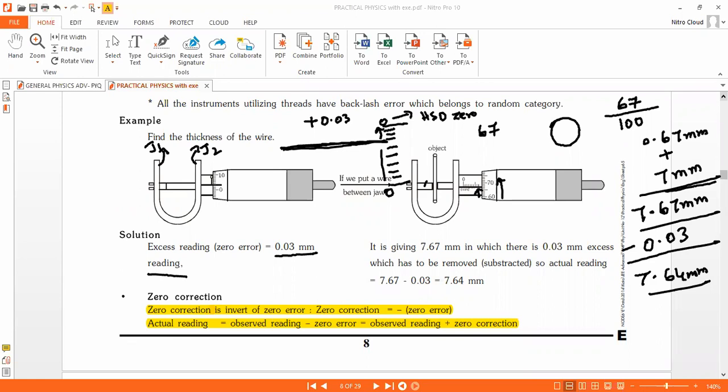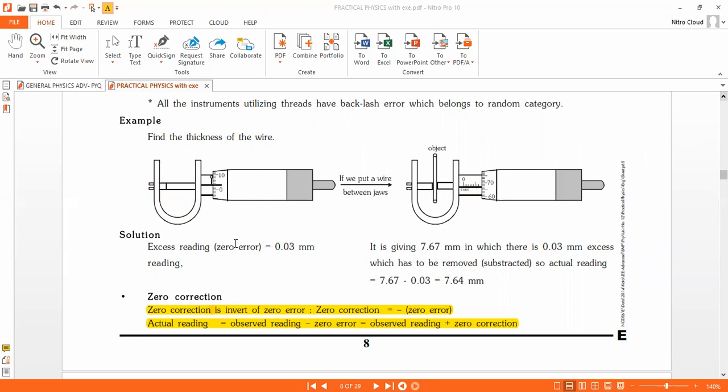If the head scale zero is below the pitch scale horizontal line, we will have a negative value. Above means positive, downward means negative.